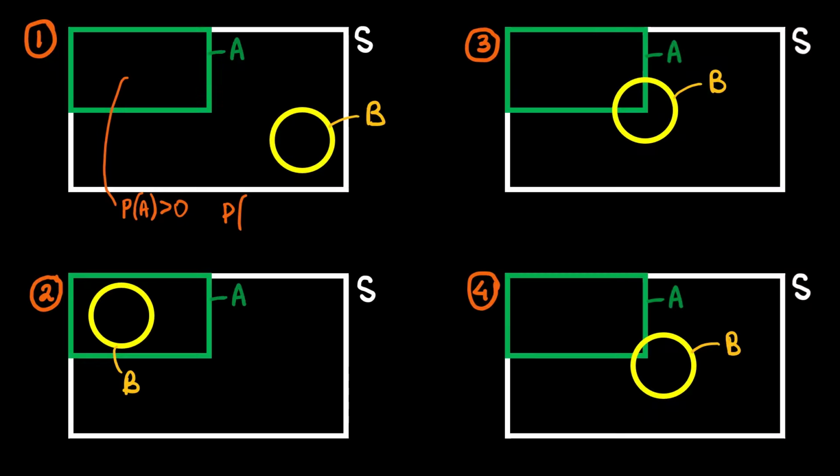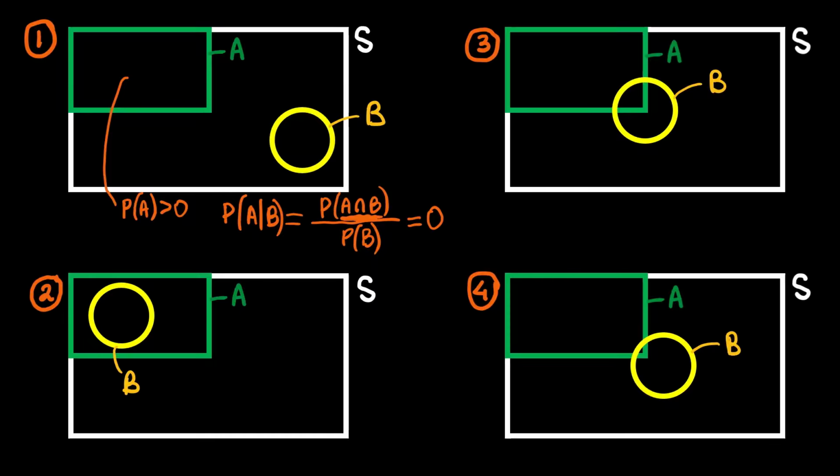And let's explore now the probability of A given B. We know from the formula that it is the probability of A intersection B over the probability of B. In the numerator we have the probability of A intersection B. But there's nothing at the intersection of A and B. A intersection B is the empty set. And we have shown that the probability of the empty set is 0. And therefore this must equal 0.